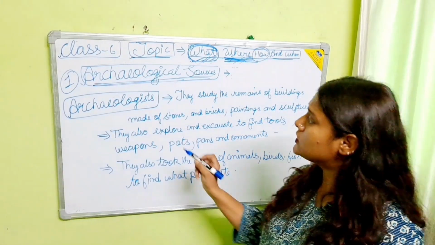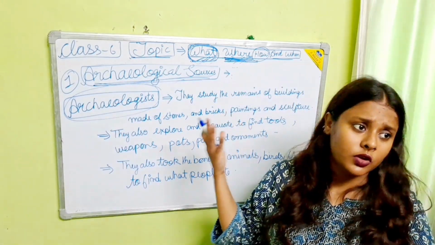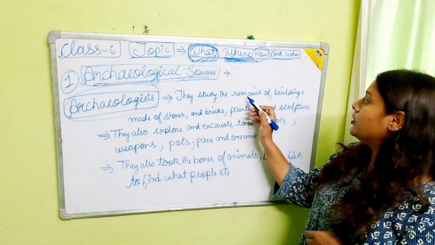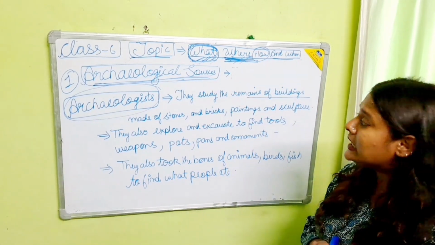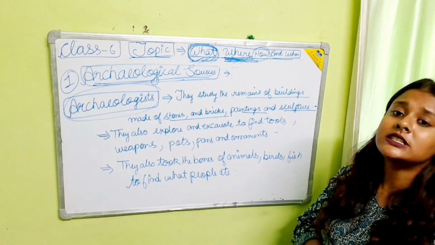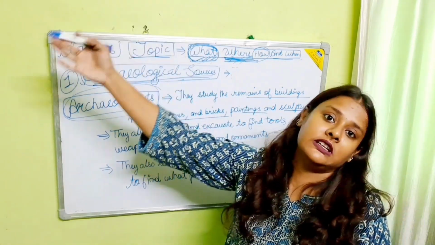In archaeological sources, there is also one term named archaeologists. Who are they? They study the remains of the buildings made of stone and bricks, paintings and sculptures. Archaeologists are the people who study these archaeological evidences.